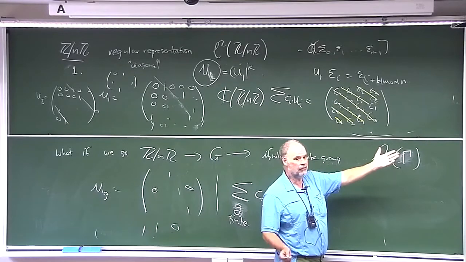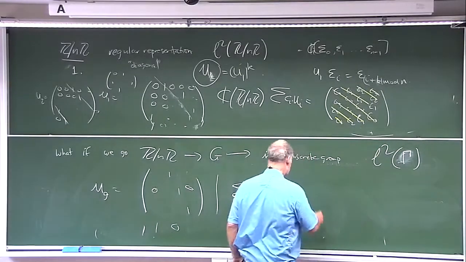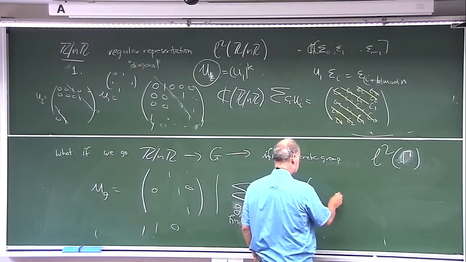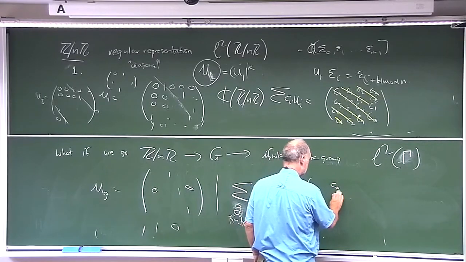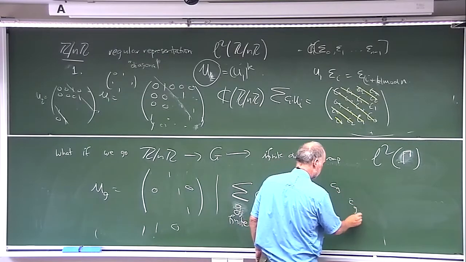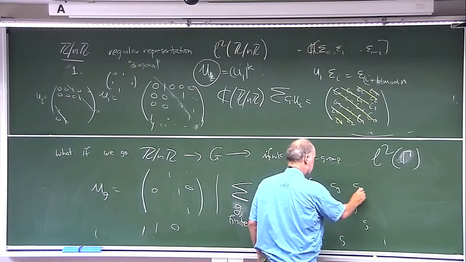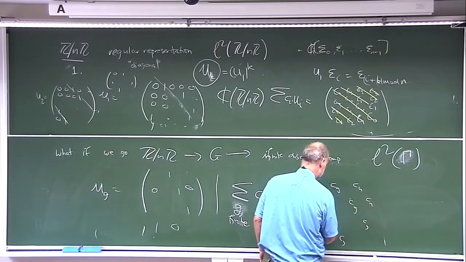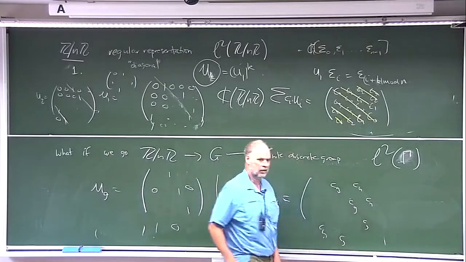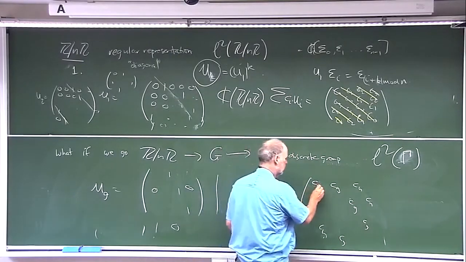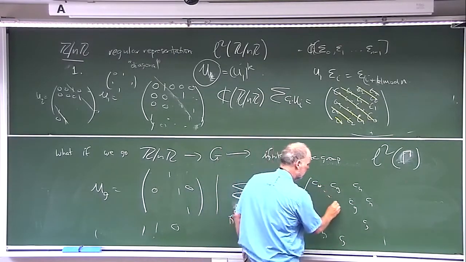The diagonals are infinite, but the matrix will be simply the same. So we'll have CG down the CG diagonal, and we'll have CH down the CH diagonal, and of course C of the identity down the main diagonal.